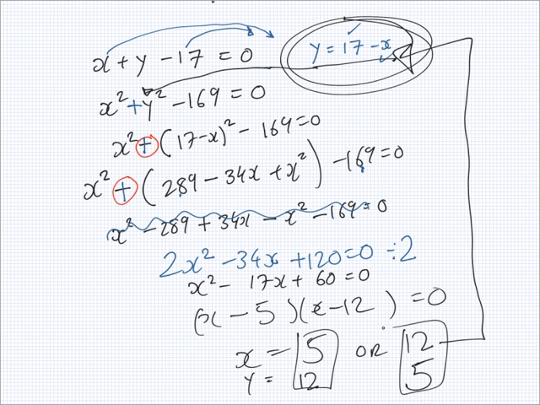And then also I just want you to do the first part of the last question at the bottom, the one that says y equals x minus 4 and 2x squared plus y squared equals 44. Just the first part, not the second part. I don't think that's so bad.